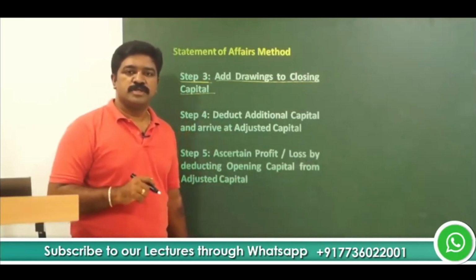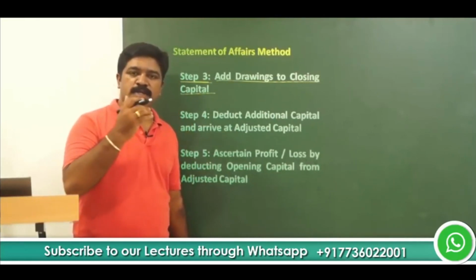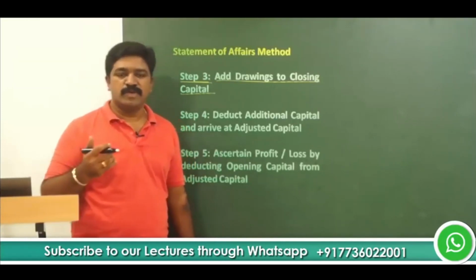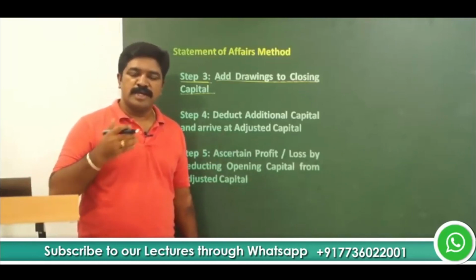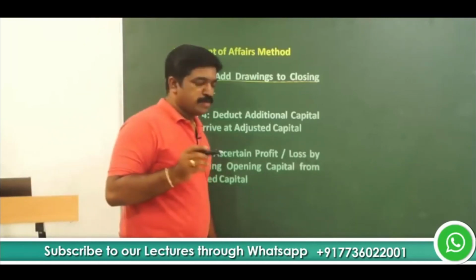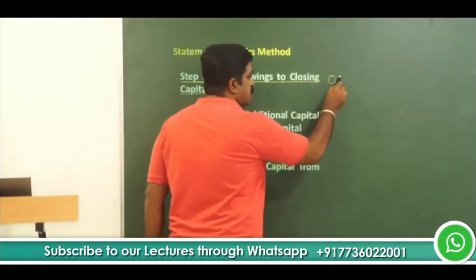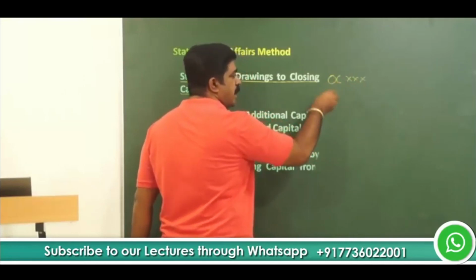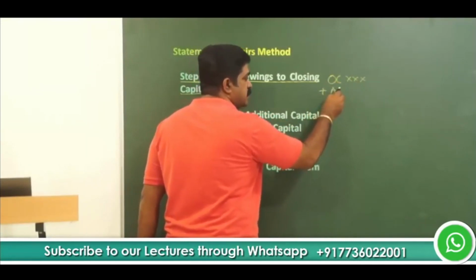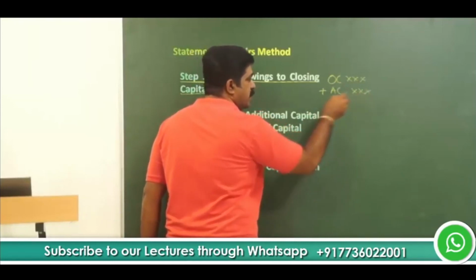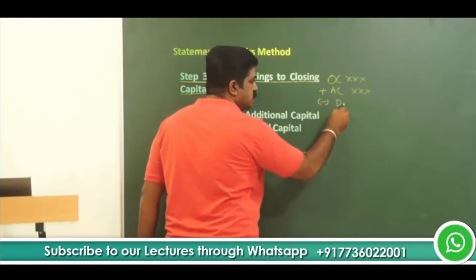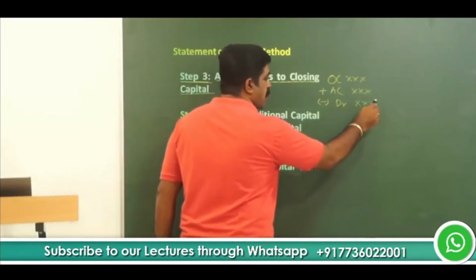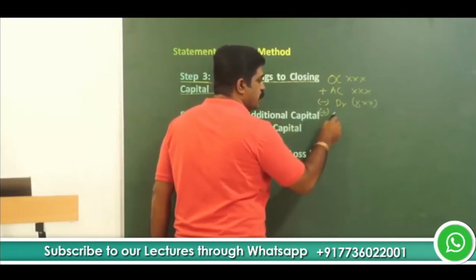Why should we do this? See, opening capital will be reduced by drawings and that will give you closing capital. But in between there is some movement involved. Let me explain that. If you're starting with opening capital, the capital will increase if there is additional capital, but the capital will decrease if there are drawings, and capital will increase if there is a profit.